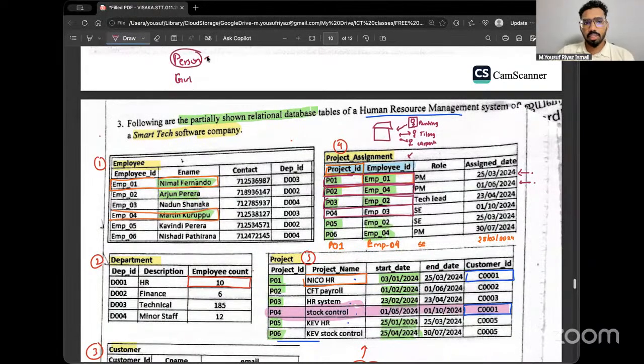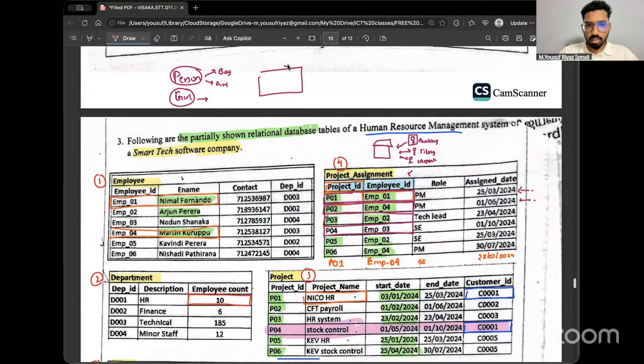When I say person, this person can be either a boy or a girl. You don't know. But if I say girl, then you know it's definitely a girl, right? If you take person as a set, have you done sets in maths? So boy and girl are basically subsets. If I take this as girl, the balance outside will be boy.